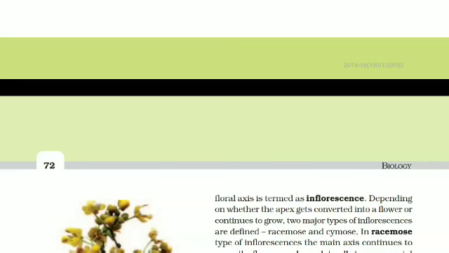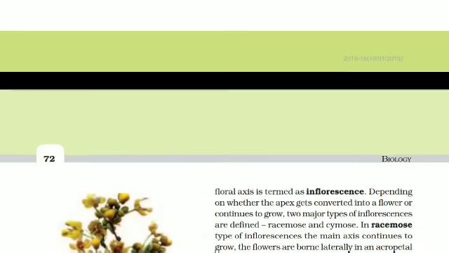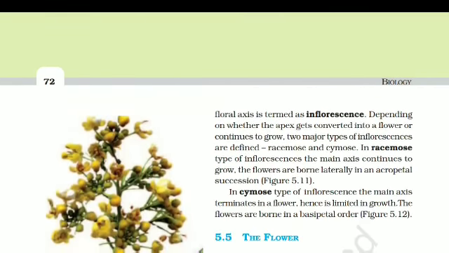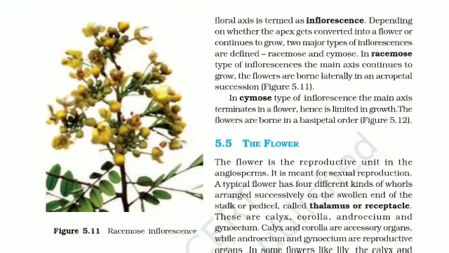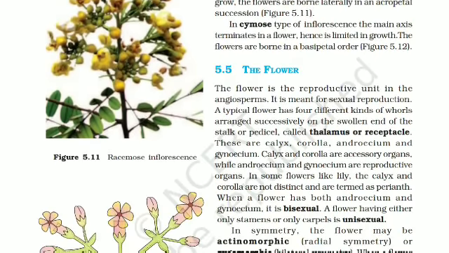What is the difference between them? In racemose inflorescence, the main axis continues to grow. The flowers are borne laterally in an acropetal succession. That means the young flowers, they just go on developing. But in case of cymose inflorescence, the main axis terminates in a flower. So you can see the difference.